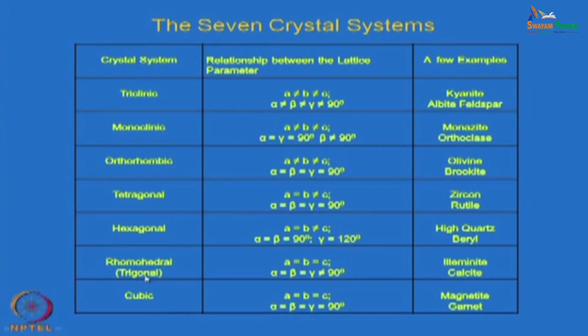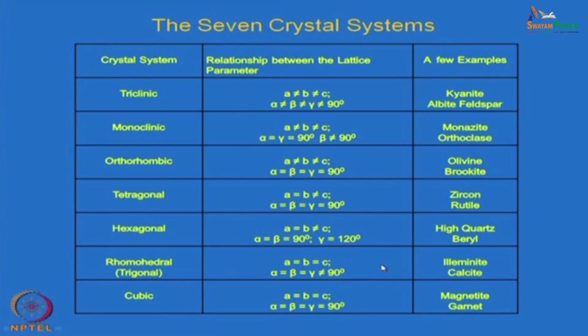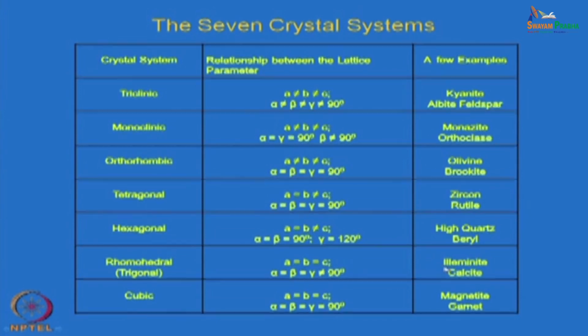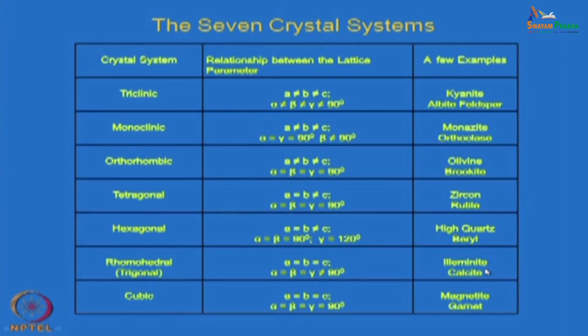Rhombohedral, or sometimes also referred to as trigonal, here A equal to B equal to C, and then alpha equal to beta equal to gamma, and none of them are 90 degrees. Okay. So, ilmenite, it is another mineral, it is actually iron titanate, that is ilmenite, and calcite is calcium carbonate.